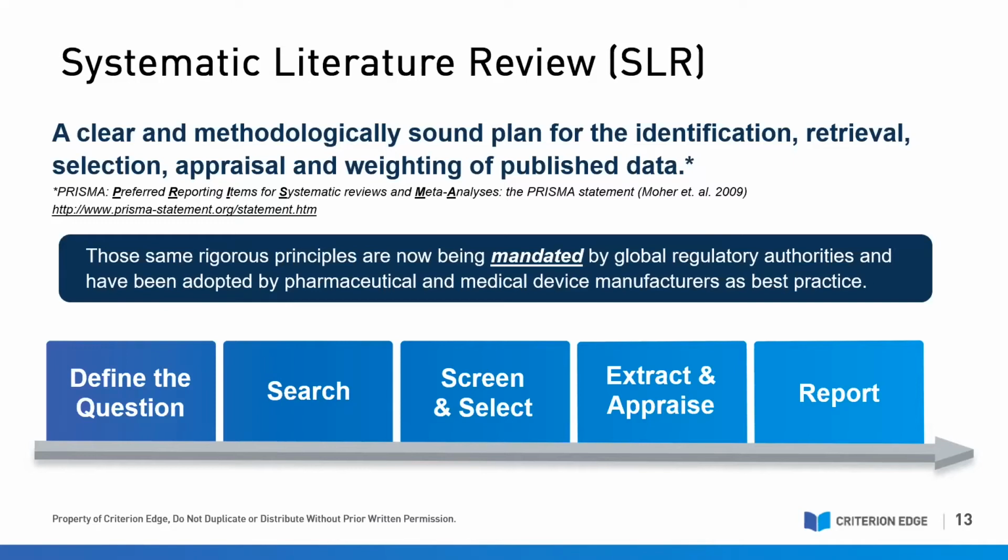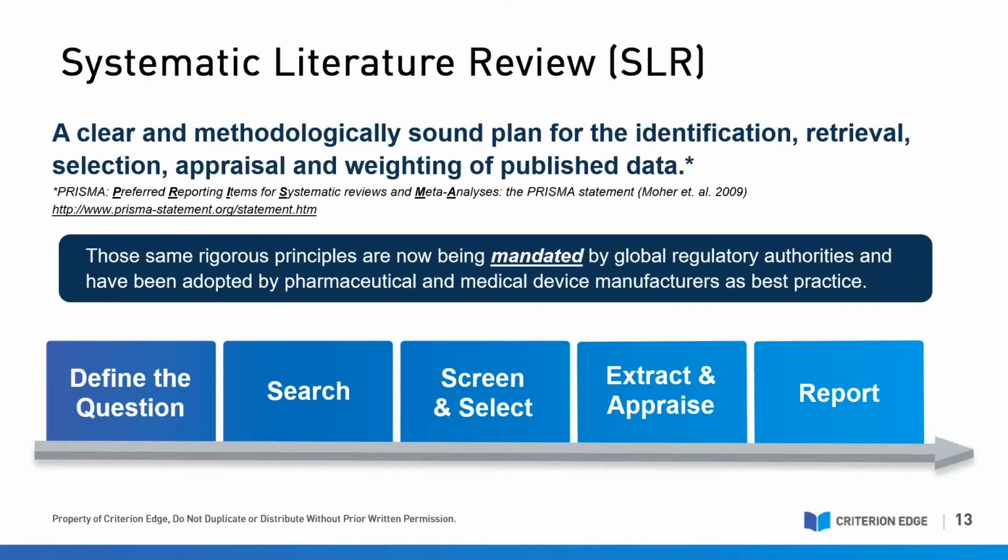Now, the next step after that is the data extraction, and that's the stage in the process in which you've identified articles with specific data that's relevant to your pre-established performance criteria. In many cases for IVDs, the performance criteria will include things such as sensitivity, specificity, false positives or false negatives, or a limit of detection.